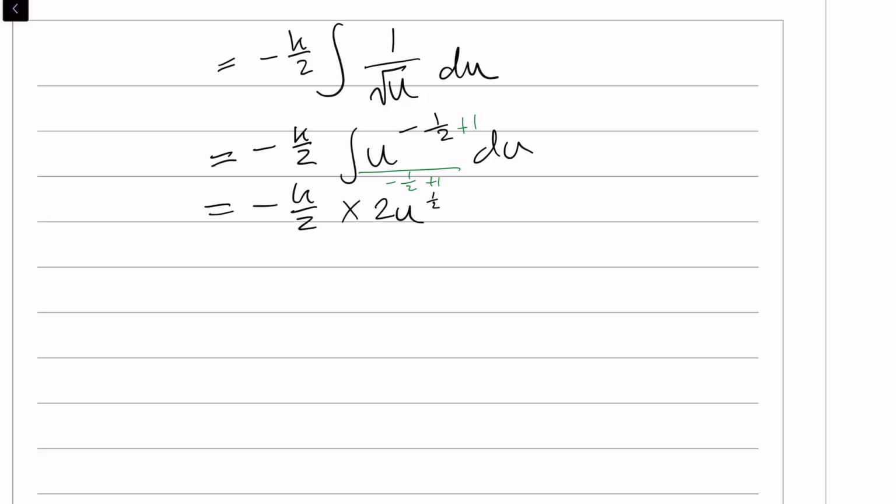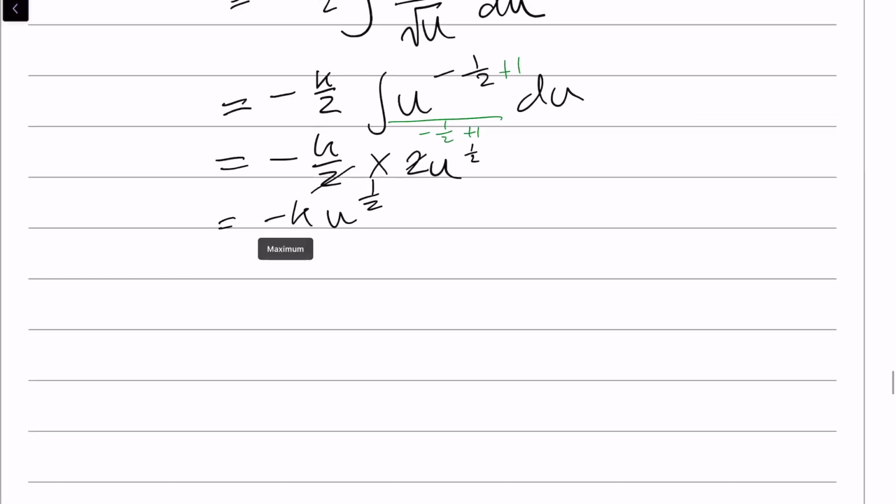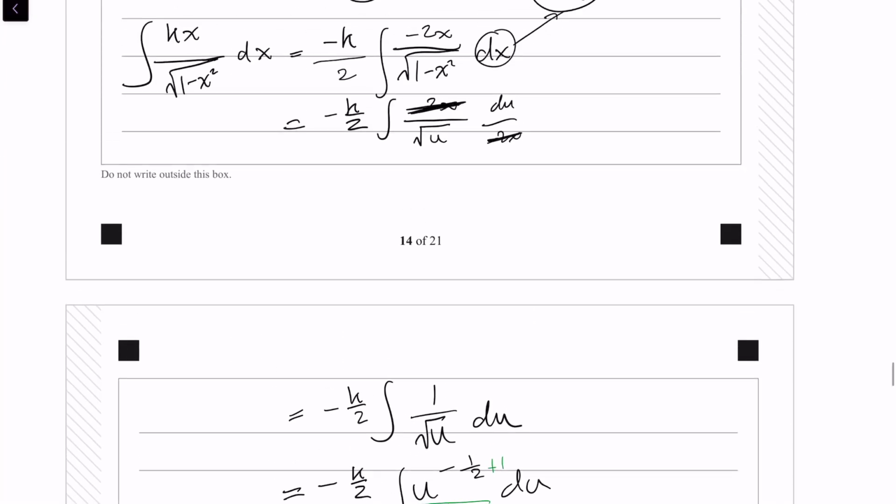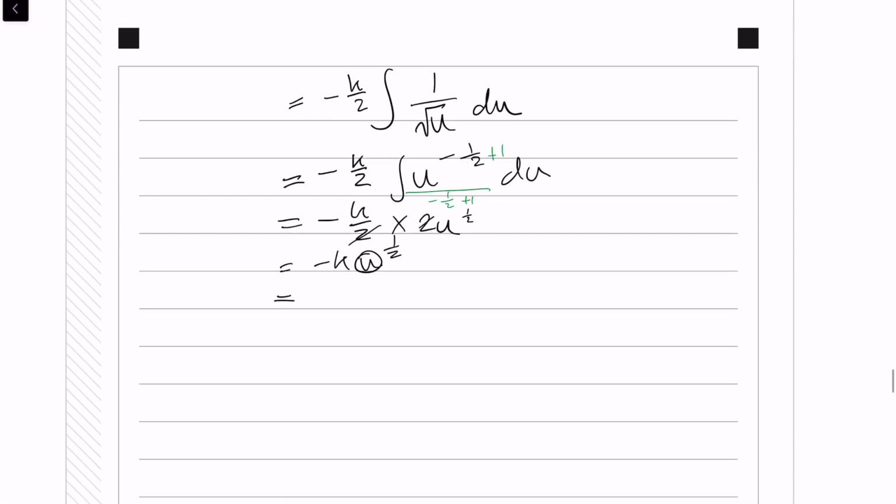Okay, and because my 2's on the bottom and top easily cancel out, I know I'm on the right track because this is a tech-free paper and they'll only expect me to be doing pretty simple maths here in terms of my arithmetic, which is great. And then remember, my u is actually something in terms of x, so I need to substitute that back in.